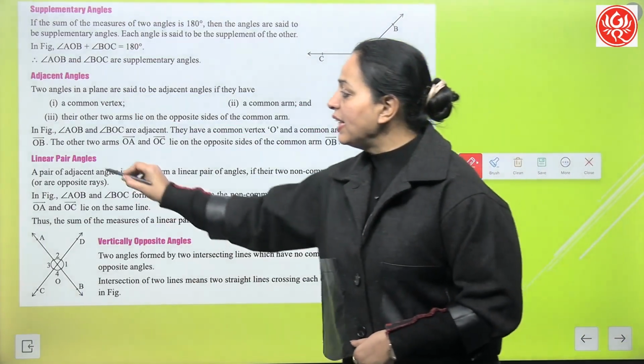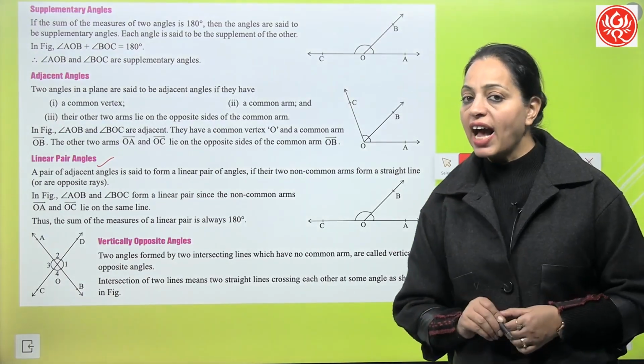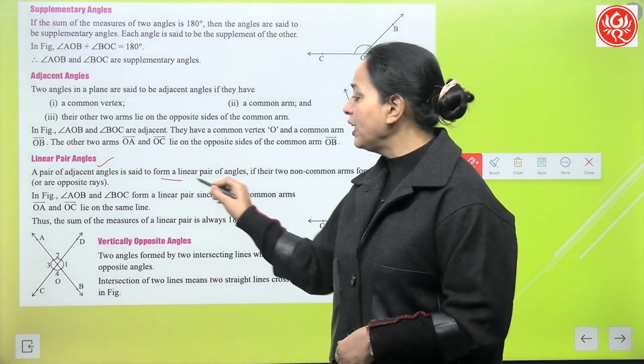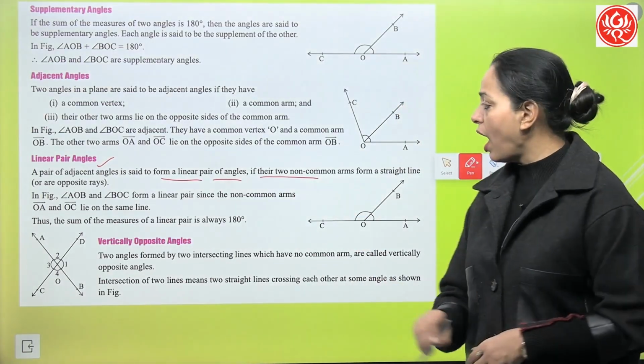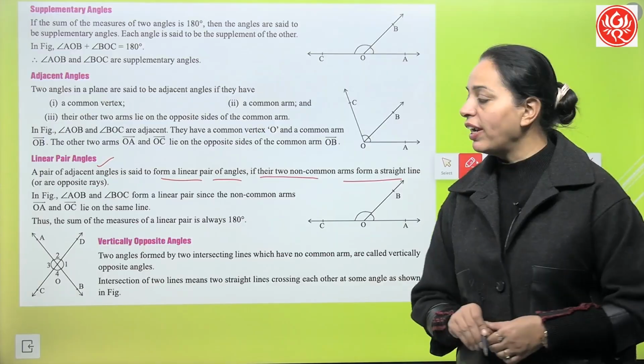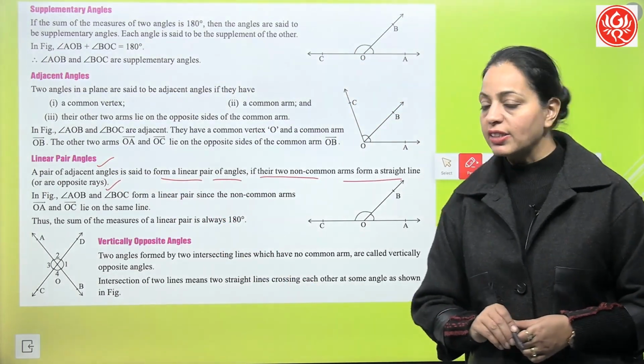The next is linear pair angles. A pair of adjacent angles is said to form a linear pair of angles if their two non-common arms form a straight angle or they are opposite rays. Okay.